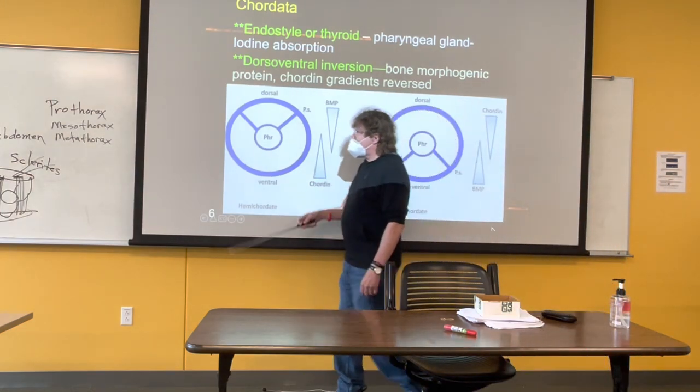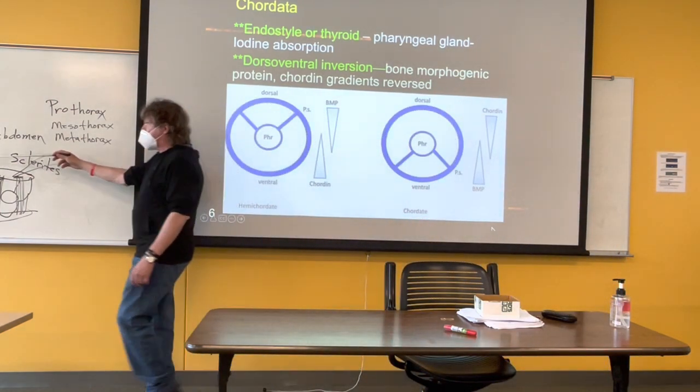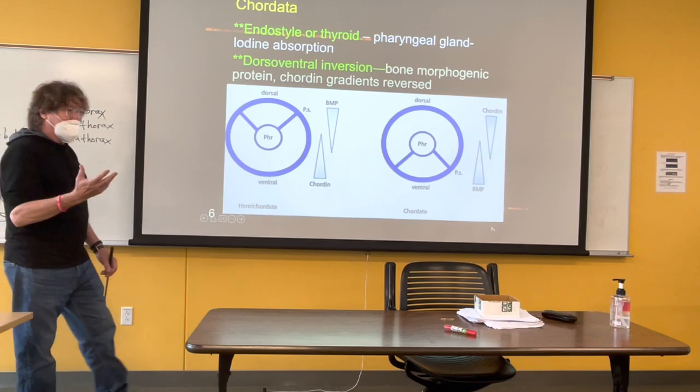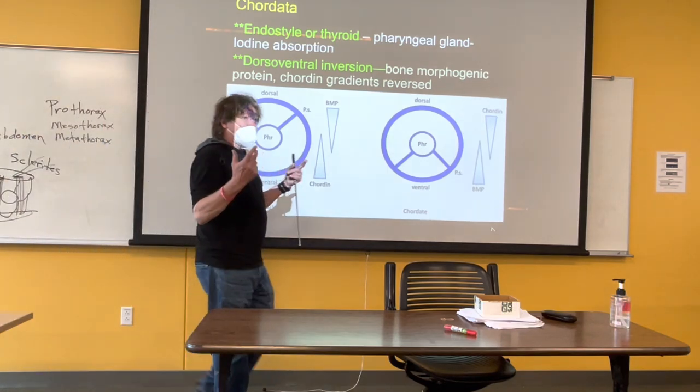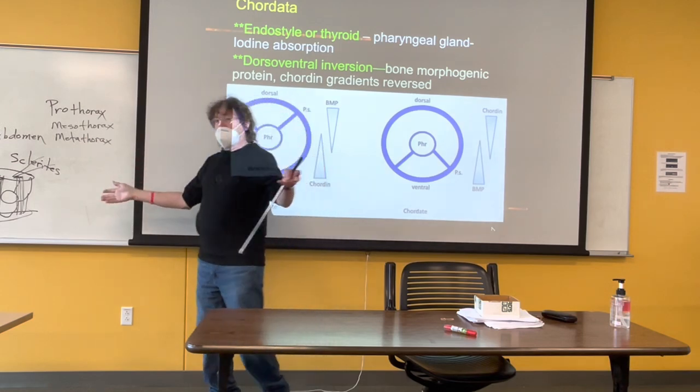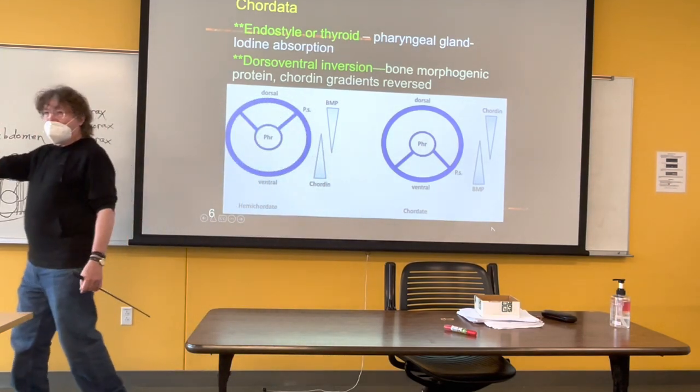I mentioned Hox genes earlier. These code for proteins that diffuse through the body tissues, and these are transcription factors that will bind to certain genes, and they're gradient dependent. They set up the body axes, what is going to be ventral and dorsal, right and left, and so forth.